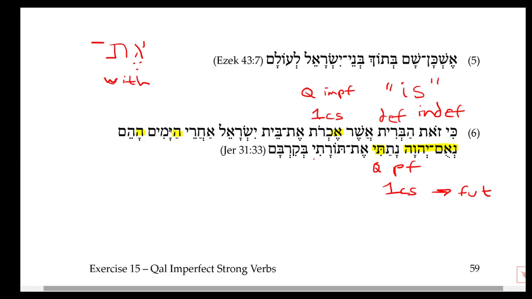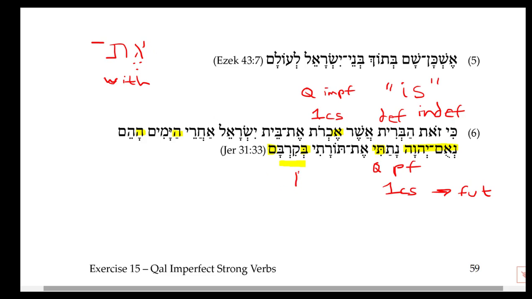Torati, so that's torah, singular, plus a pronominal suffix, my law, bekirbam. So this is a pronominal suffix coming after, we have a preposition there, bet, and then we have this noun here, which is kerev.